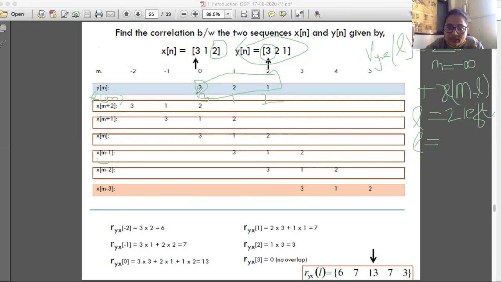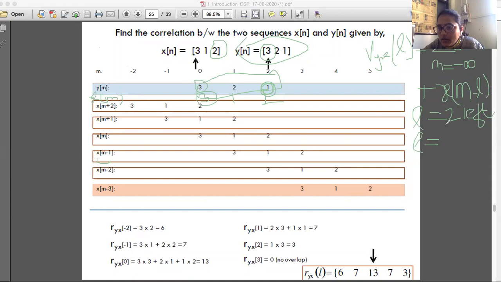Similarly, this 3 value I have to correlate with the 1 value. If I want to correlate this 3 with 1, how many units of shift should I give to the input sequence on the right hand side? See, if I'm shifting here, 3, it will be 1 unit shift. Further, if I shift, it will be 2 units shift.